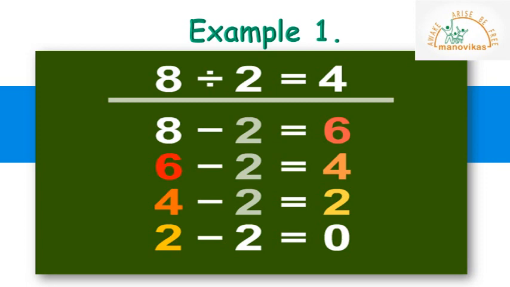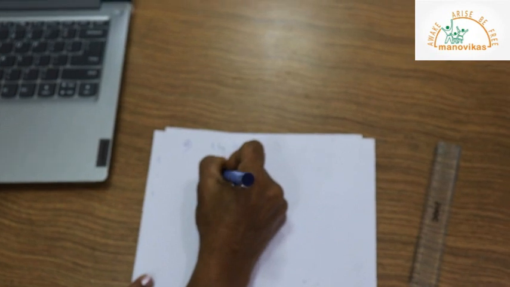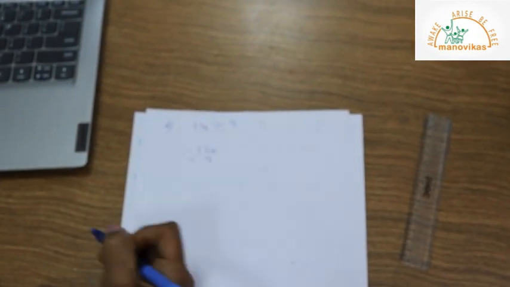Now here we have equally divided by subtraction. This is called repeated subtraction. Repeated subtraction helps us to distribute or divide, so we call it division. 14 divided by 7. So I take number 14 and I minus it with 7.